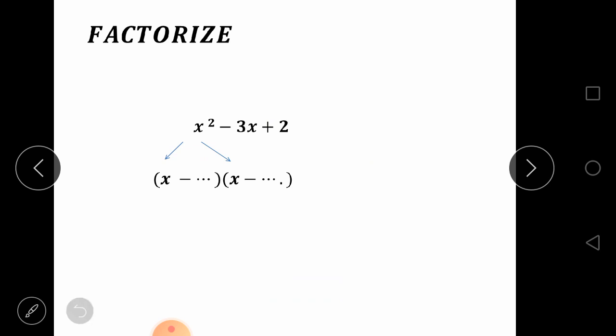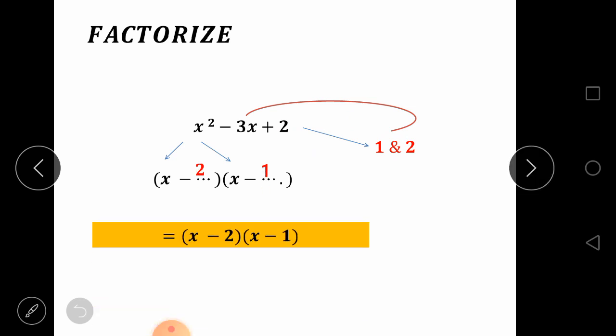So we again factorize 2, which is 1 and 2. 1 and 2 are 3. So it is 1 and 2 or 2 and 1. Both of them are correct. So it is x minus 2 and x minus 1.